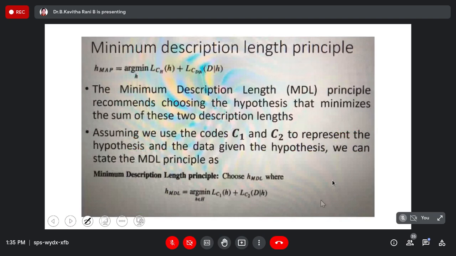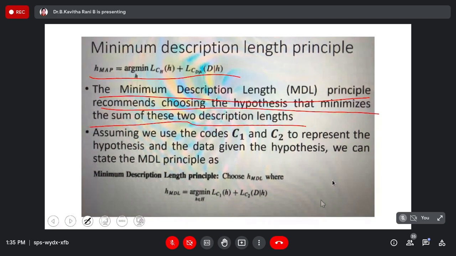Okay, so this is the formula which we will be using. The minimum description length recommends choosing the hypothesis that minimizes the sum of these two description lengths. So MDL is used to decrease the length of the hypothesis.